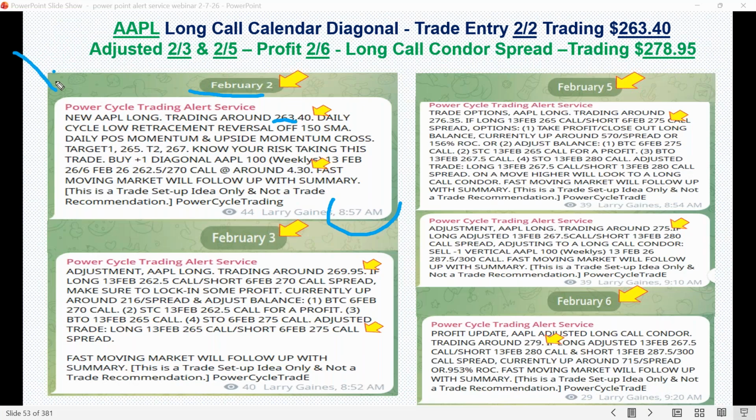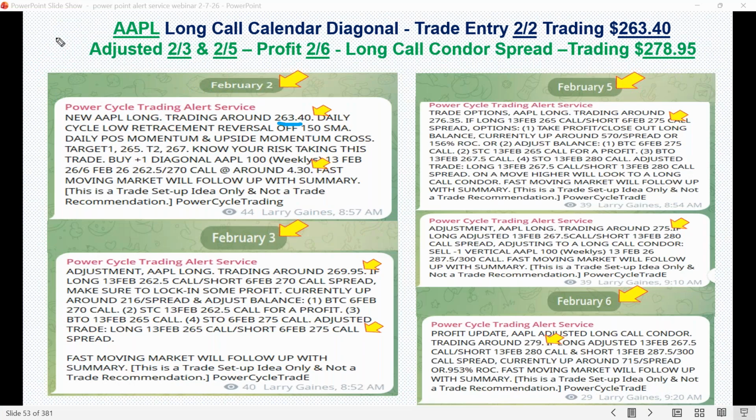So this was sent out with Telegram. It says new Apple long. And it tells you exactly, I try to give you a description of why the trade is being set up, why I'm sending it out. So a brief description, though, because I want to get it out as fast as I can. But here I say, okay, at that point, I was trading around 263.40. It was a daily cycle low retracement reversal.